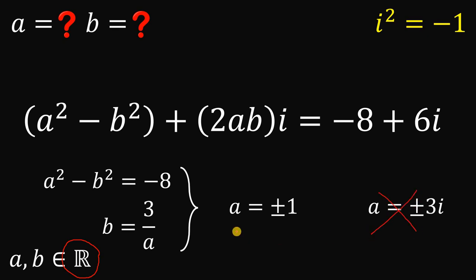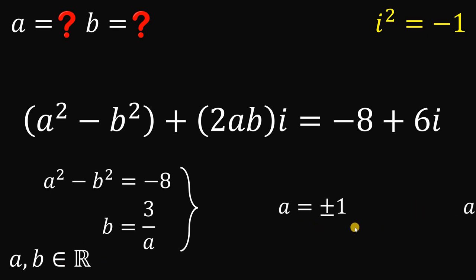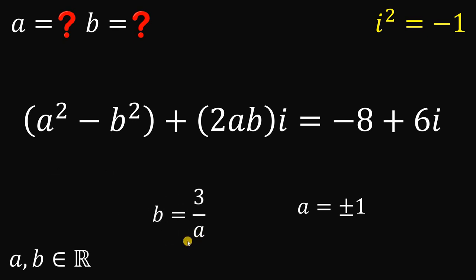Alright, so now let's focus on the case that a must be equal to positive or negative 1. Now we know that b equals 3 over a. So let's do that to solve for the value of b. Now we will replace this a with positive or negative 1. Now, 3 divided by positive or negative 1 will give us positive or negative 3. It means that when a is positive 1, b is positive 3.